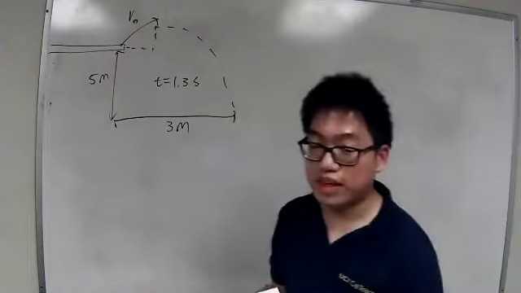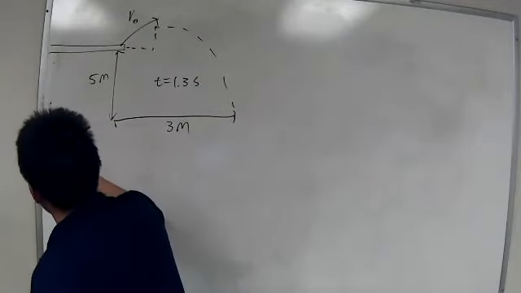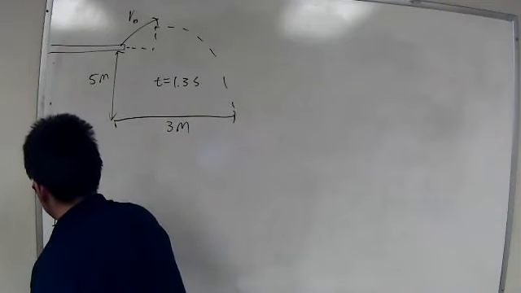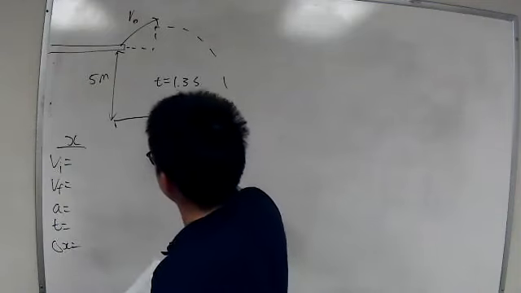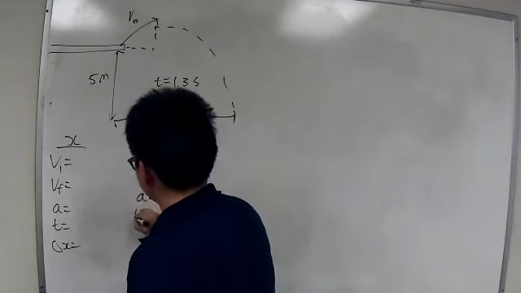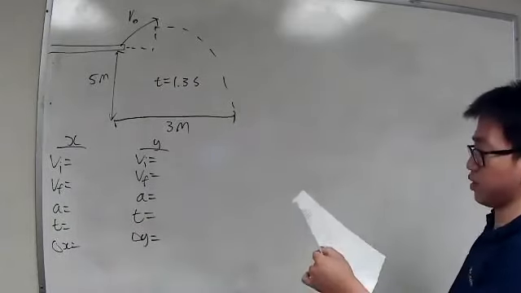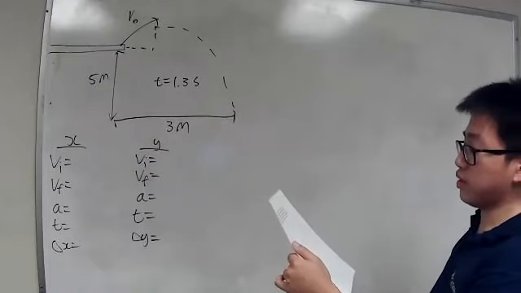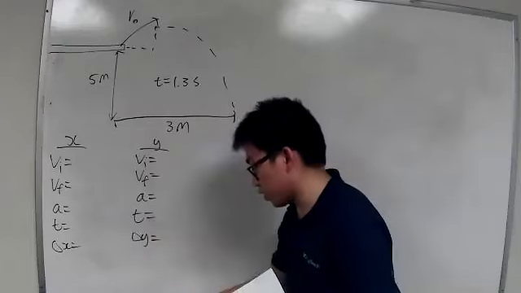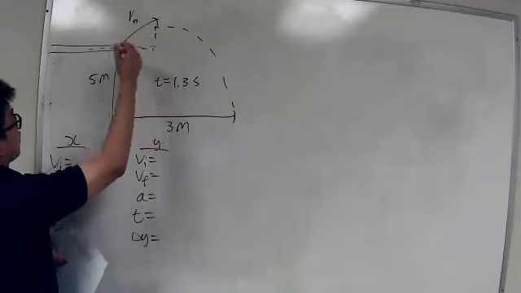Just like the last problem, I'm going to set it up the same way. I write out x and y. Part of drawing the diagram is defining where the 0 is, and we're going to be consistent.